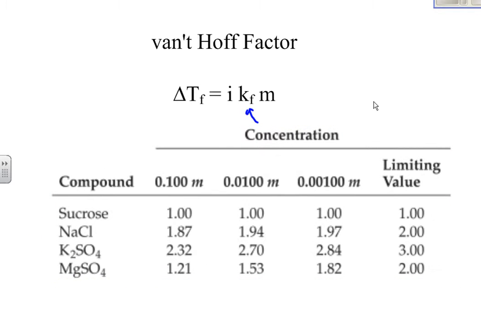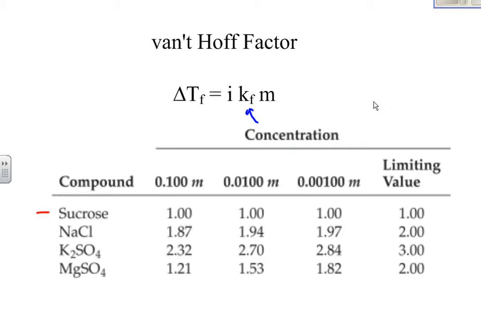All right. And as you can see, if we look at sucrose up at the top here, the Van't Hoff factor doesn't matter what the concentration of the solution is, it's 1, right? Because sucrose, when you dissolve that into water, there's only one particle.